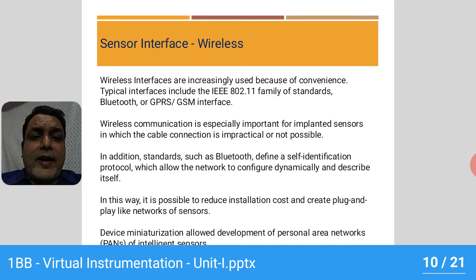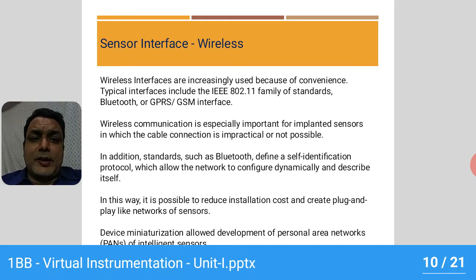Coming to wireless sensor interfaces, we have a number of protocols for how the sensors are connected to the processing module without having any connection. Hence, these are known as wireless interfaces. Wireless interfaces are increasingly used because of the convenience, adaptability, and flexibility in current industrial environments.